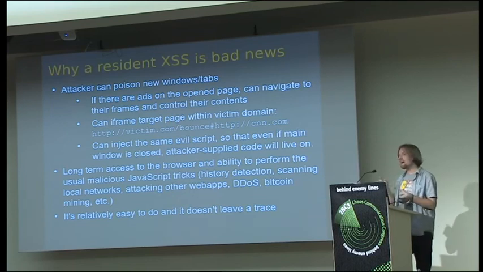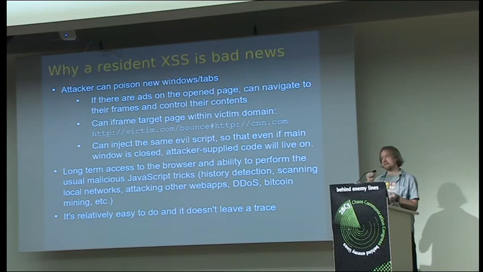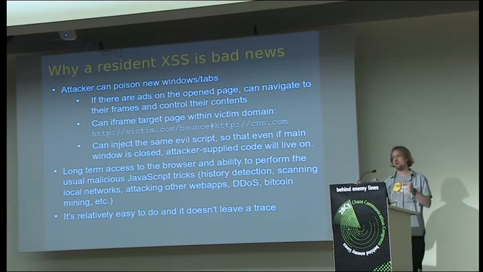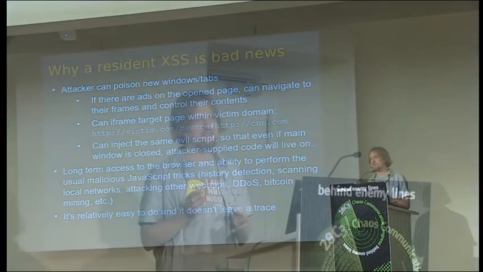But if there are any ads on CNN, the attacker can navigate the frames. The same origin policy has some exceptions for what kinds of cross-origin navigation can be done. And even if you can't access a page directly, you can navigate its frames to see if there is a frame that you can control, at which point the attacker can inject his code into that frame.